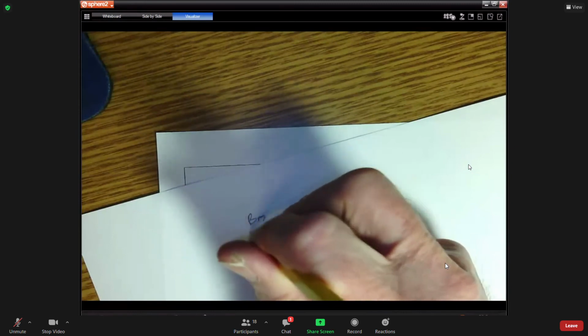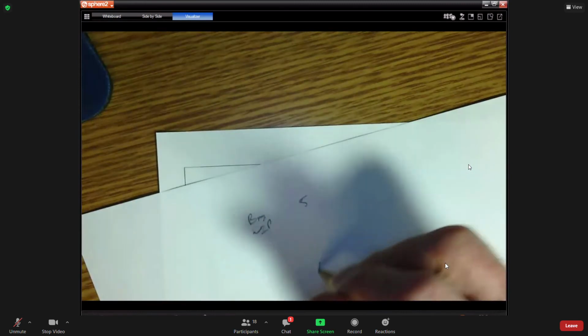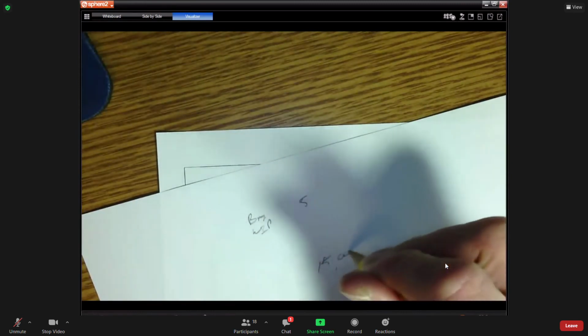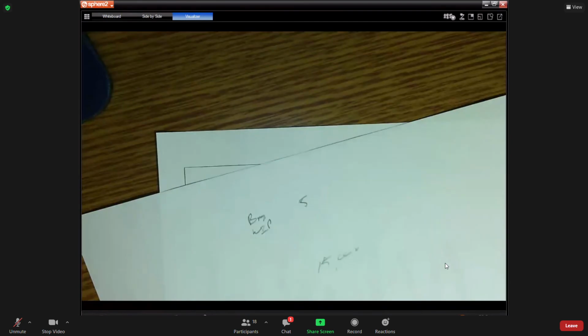Oh, 5,000 beginning work in process, and they end up with 15,000. Do they tell us how many units were transferred to the department? Is that supposed to be 8,000 or 15,000? Well, it says units, 8,000.